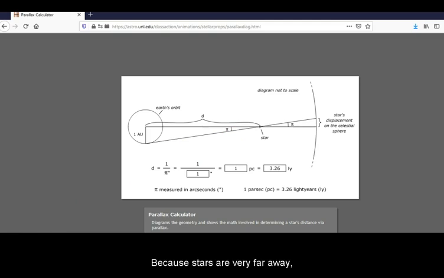Because stars are very far away, the angle of the parallax is given in arc seconds, which are 1/3600th of an arc degree.